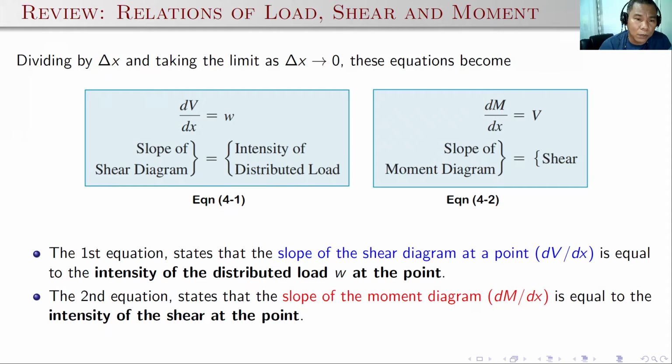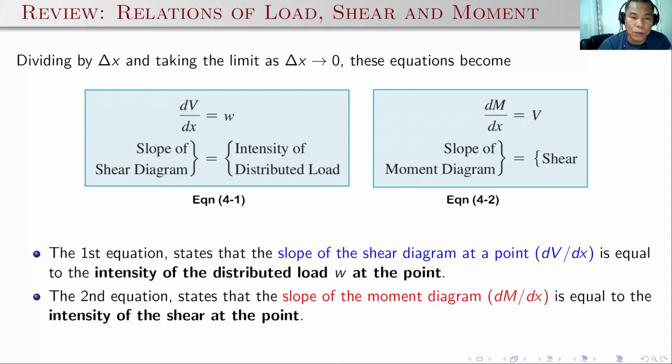Always remember this one. The change of the shear is equal to the intensity of the load. Or in other words, the slope of the shear diagram, because it's the change dV over dx, is equal to the intensity of the distributed load.